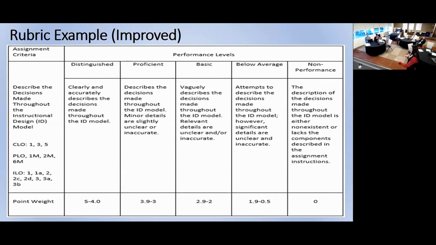And the point weight at the bottom, instead of just having 5 for distinguished and 2 for basic, we're having a spread so that you can see what it is you need to do to get those points. And then last but definitely not least, we've got our mapping. So we've got our course learning outcomes mapping, the program learning outcome mapping, and the institutional learning outcome mapping as well. So that would be a good example of an improved rubric at least.